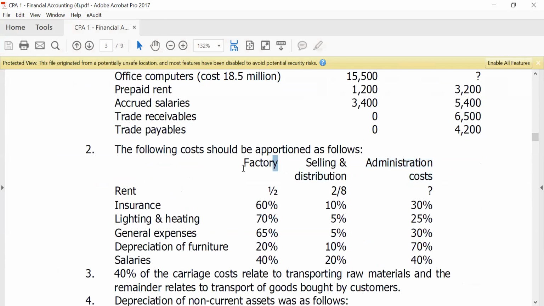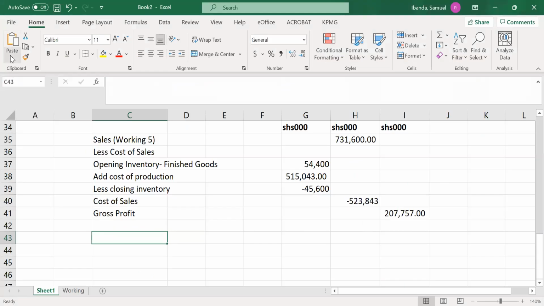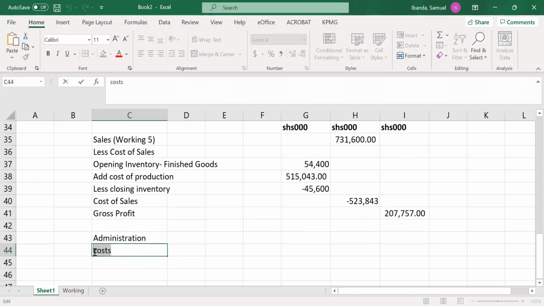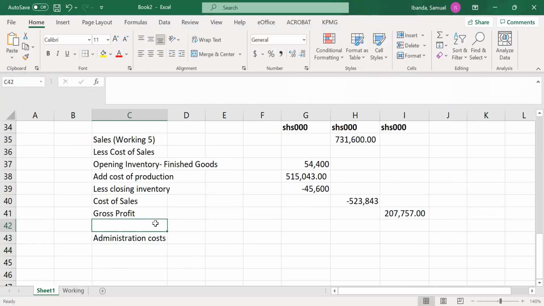Remember the factory costs, we have already utilized them. So I'll just pick the administration costs first, and I'll record anything that falls under administration. Maybe you could put a heading here, say less operating expenses.